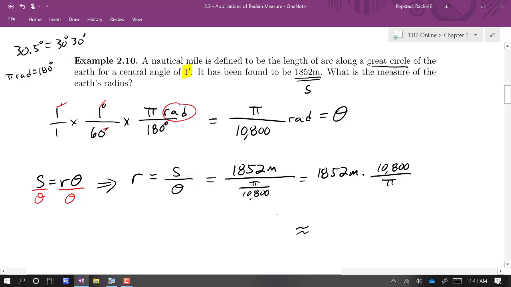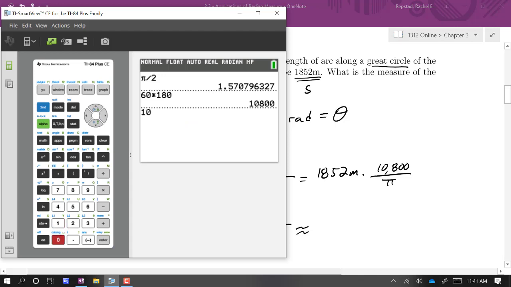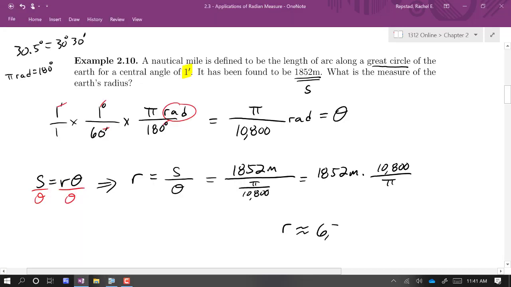I'll go ahead and get an approximation for this. 1,852 times 10,800 divided by pi is 6,366,707 to the nearest meter. So we could leave it like that.